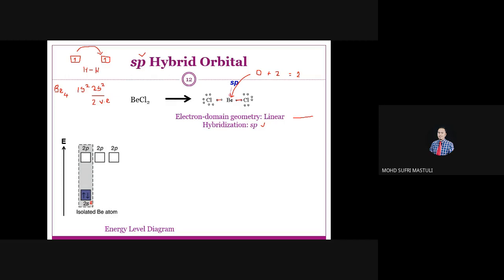If you want, you can also draw 1s2, but it has no meaning because 1s should be at the bottom. You can draw it or ignore it, because we just focus on the valence electrons. Only valence electrons are involved in the formation of chemical bonding.